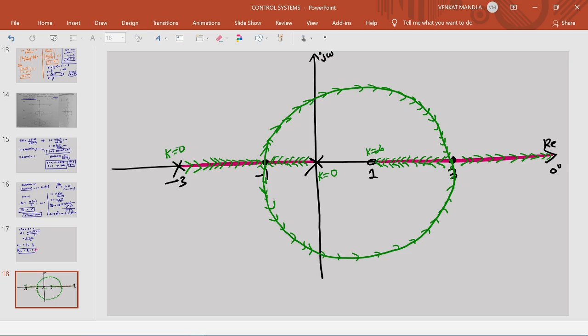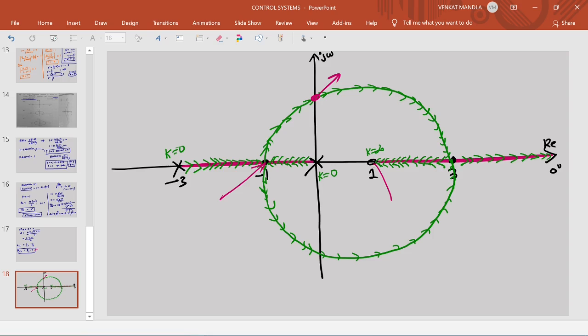If you want to find out the gain k at this imaginary axis crossing point, from the RH criteria you can find out k easily. And here, if you want to find out k, substitute s equal to minus 1 in the magnitude criterion.